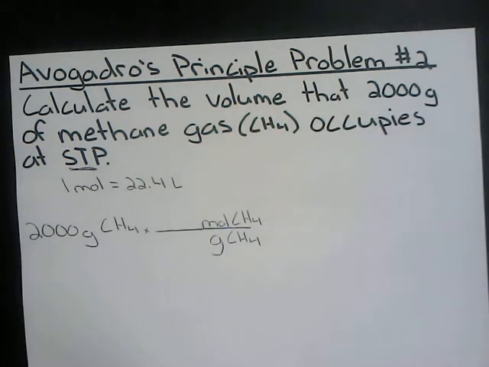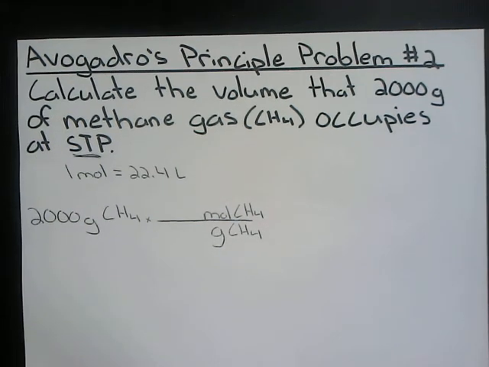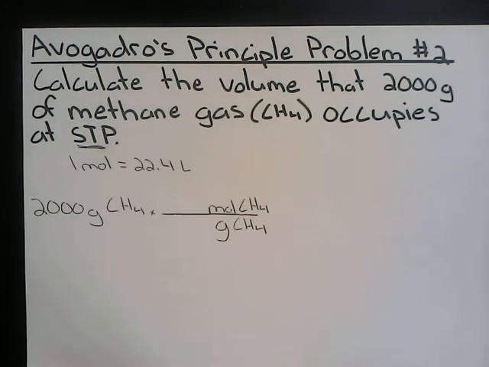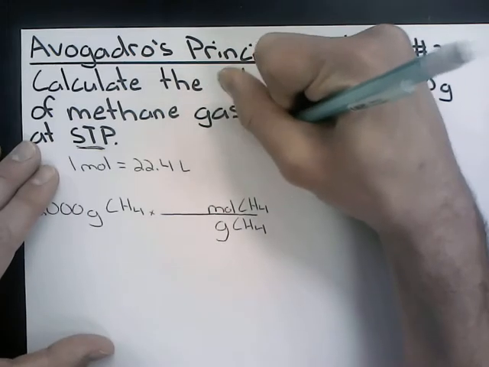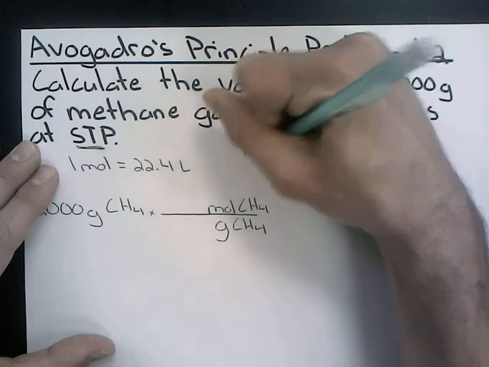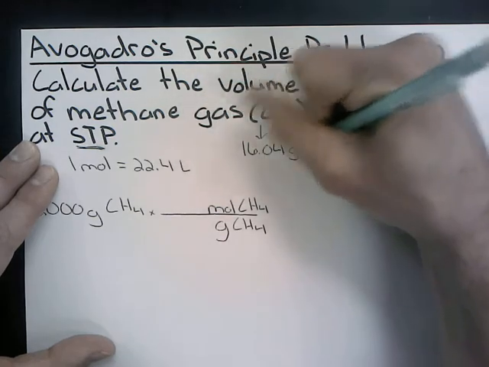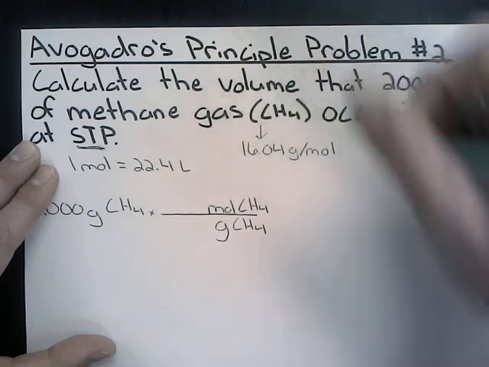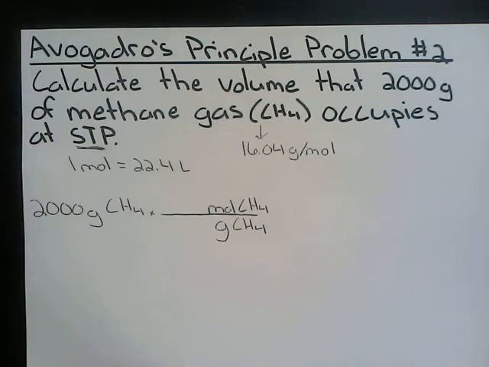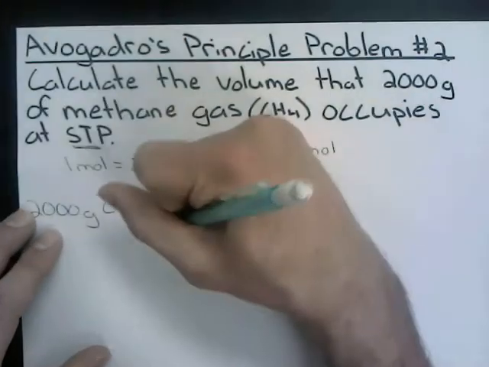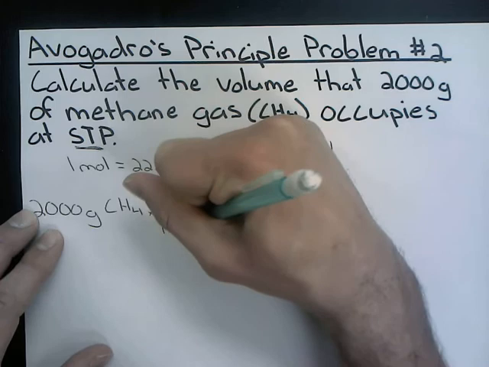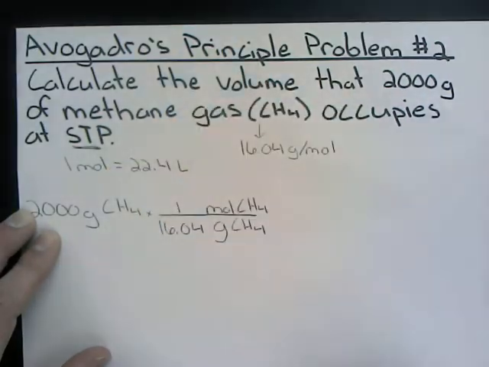Okay, so now mole over gram indicates that we need the molar mass. So the molar mass of CH4, I looked it up for you, is 16.04 grams per mole. Again, the 16 number is associated with grams, so in this case it's going to go on bottom. So we have 16.04, and that's for every 1 mole.